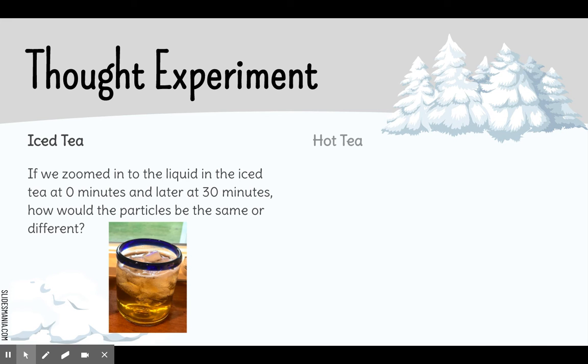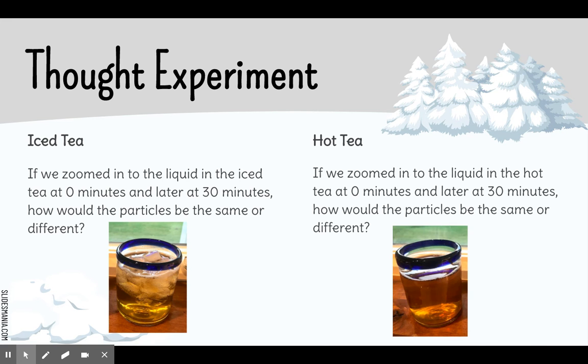And then the hot tea. If we zoomed into the liquid in the hot tea at 0 minutes and then later at 30 minutes, how would the particles be the same or different? So it's almost the reverse of the iced tea. At 0 minutes, they would be the hottest. So the particles would be a little spread out, a little further apart, maybe moving a little more quickly.